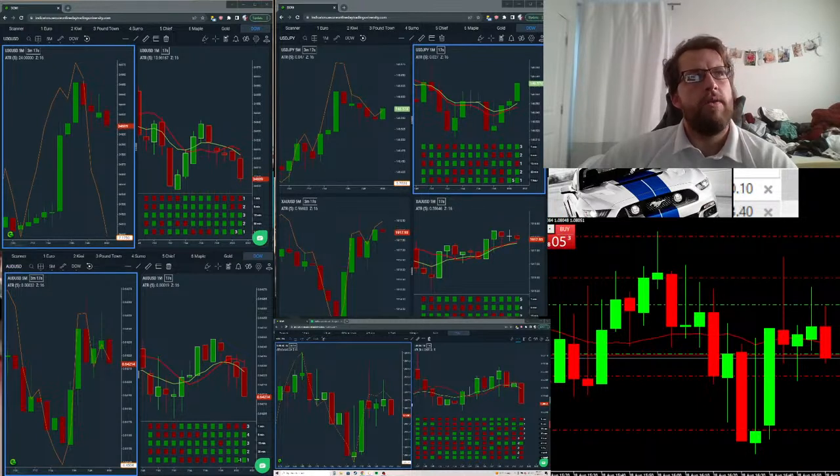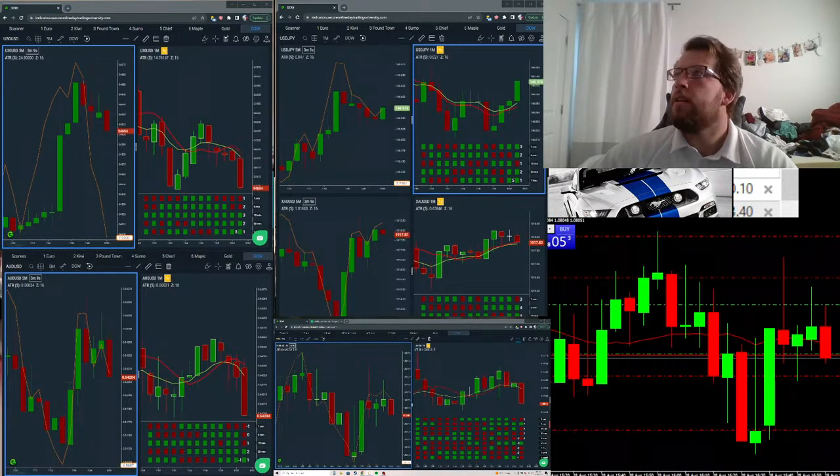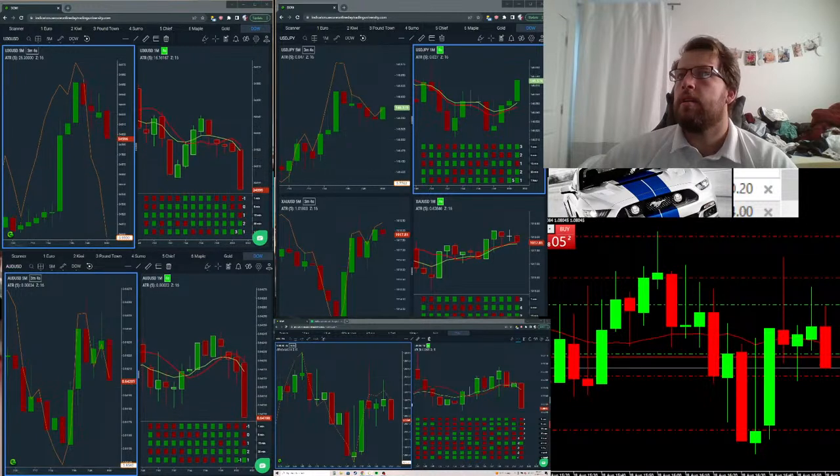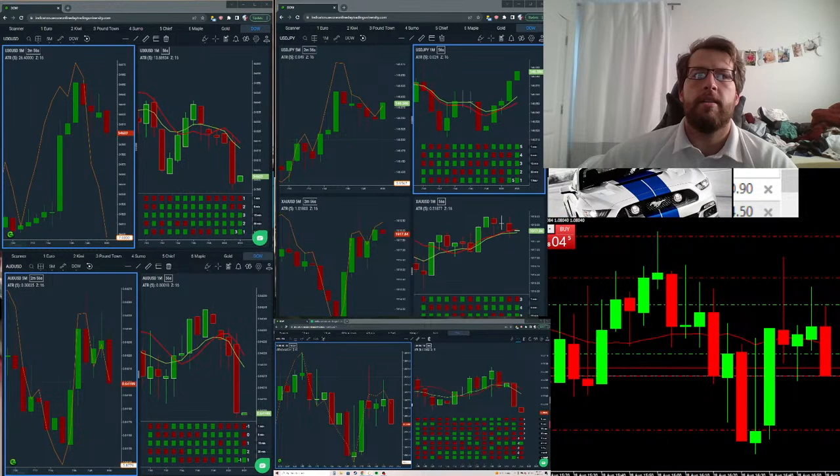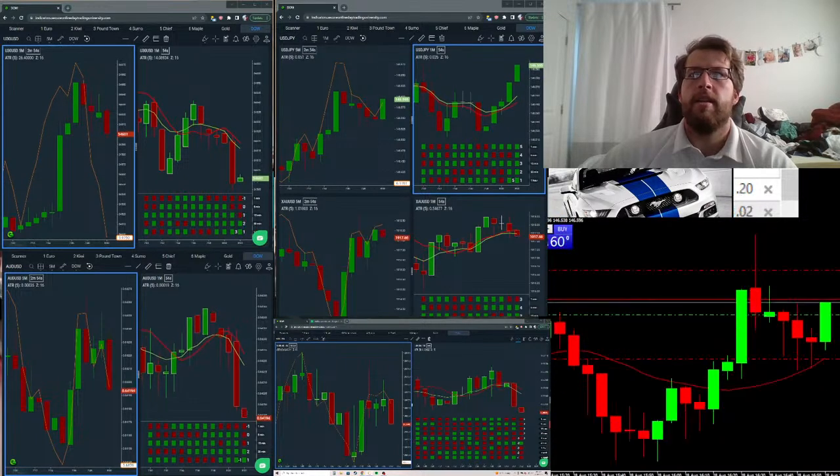The Dow could be getting pretty close here. Alright, looks like we're getting a trade on the yen. Okay. We just bought the yen.